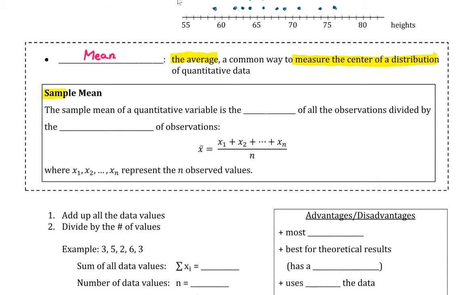The first is the sample mean, denoted as x bar. The sample mean of a quantitative variable is the sum of all the observations divided by the number of observations. So your sum, add up each of the values, and divide by the number of observed values.